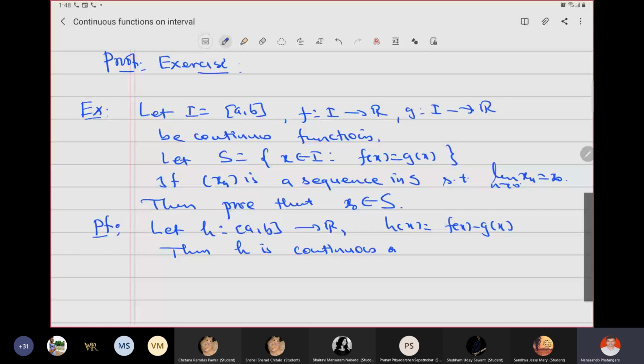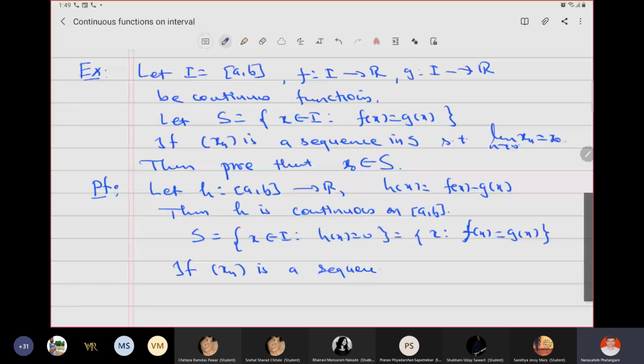Is it same as the set of all points such that f x is equal to g x? Yes, sir. Right. And so if xn is a sequence in S and limit of xn is equal to x naught, right? Then what will happen?